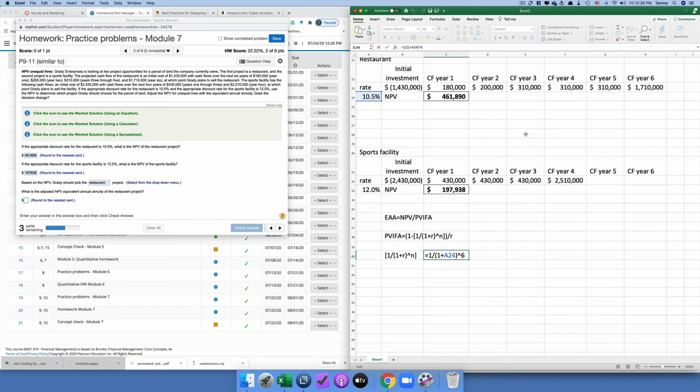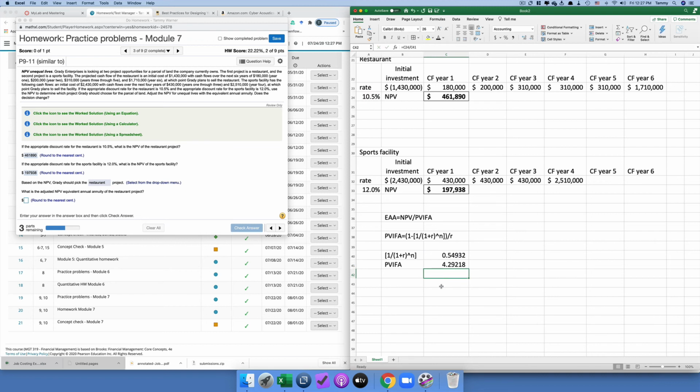That gives us a sub-calculation of 0.54932, and then we can calculate the present value interest factor as 4.2, which is 1 minus this thing, 1 over (1 plus r) to the n, divided by the interest rate. Okay, so that's the first thing.